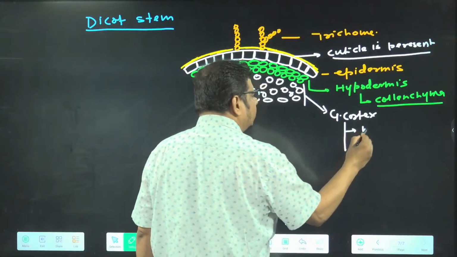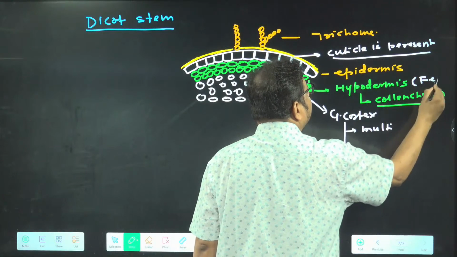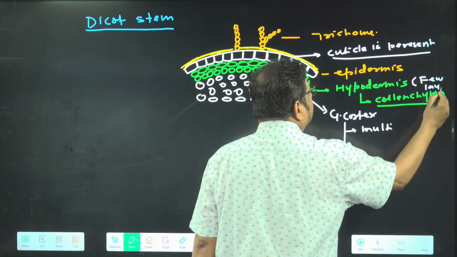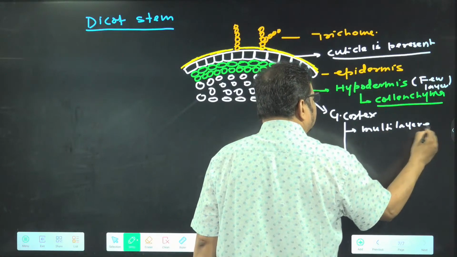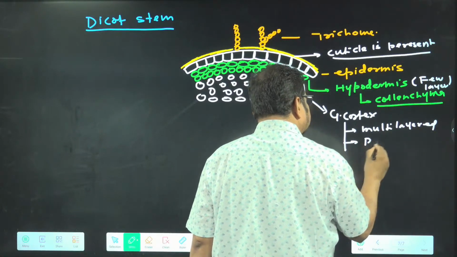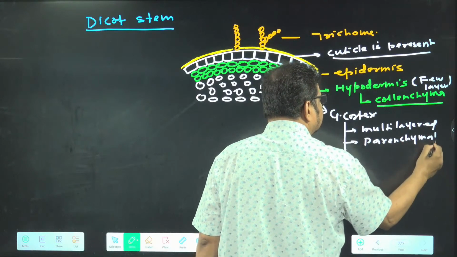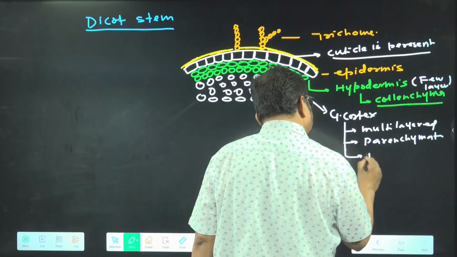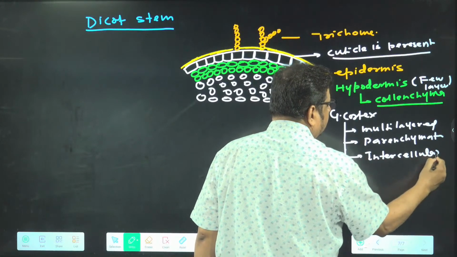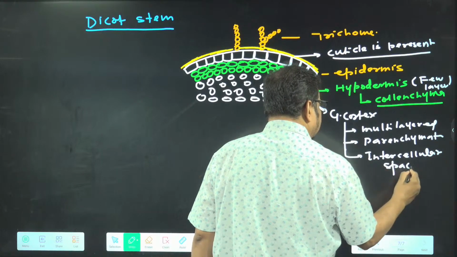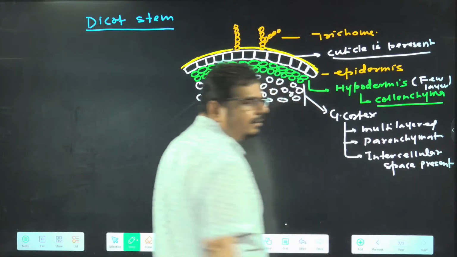It is multi-layered, while hypodermis is made up of a few layers. General cortex is multi-layered, parenchymatous, and intercellular space is present. Getting the idea? Is it clear in the mind?